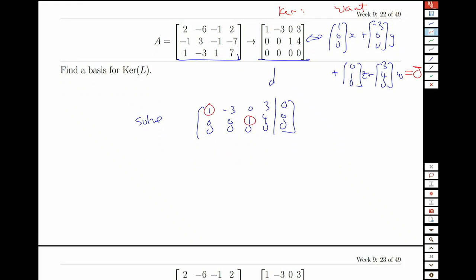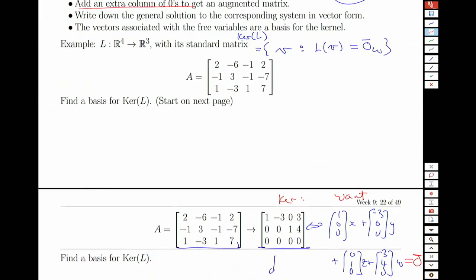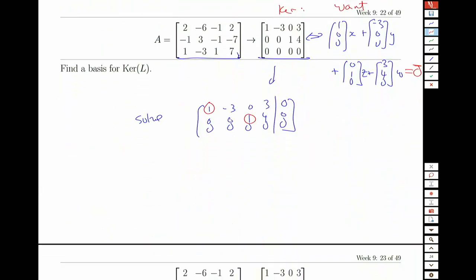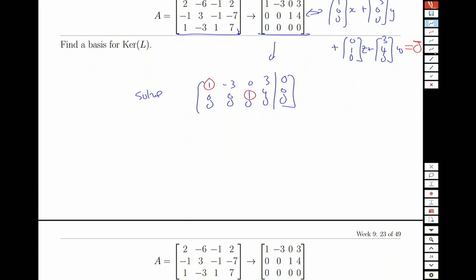I usually like circling the leading ones here. What we're going to do is build the solution bit by bit. We're going to write down the general solution in vector form. We did this once or twice, but it's been a little while, so let me just remind you how that worked. I think of the leading 1 variables, leading 1 columns, as locked.